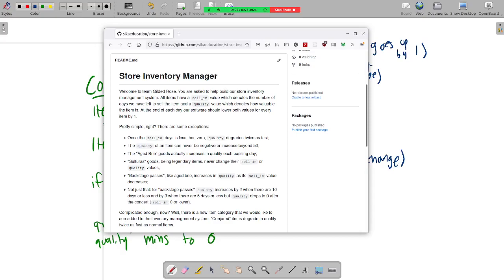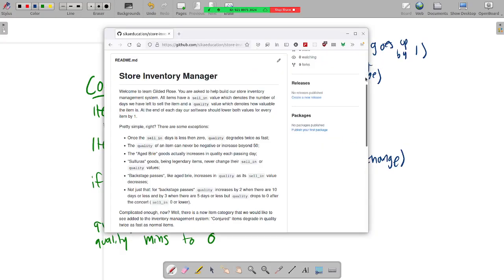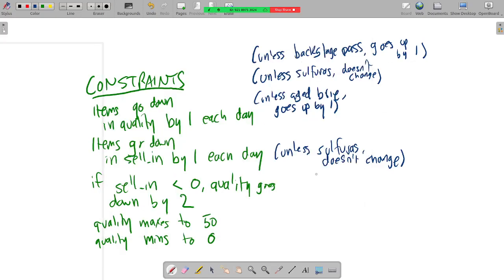Backstage passes' quality increases by 2 when there are 10 days or less. Ooh, interesting.